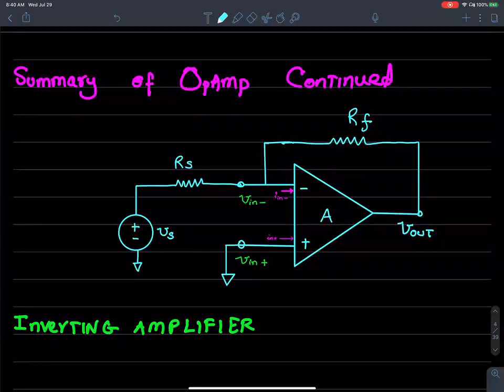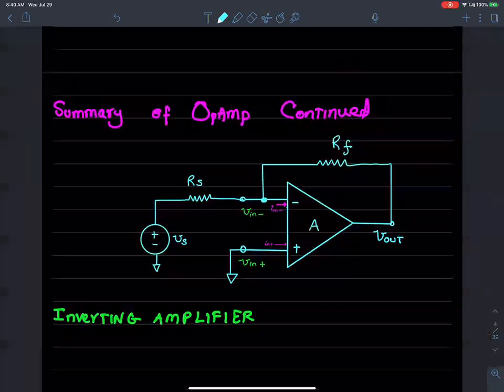I took the op-amp and tied it in a feedback configuration, meaning the output is tied back to the negative terminal of the op-amp through the feedback resistance RF. And I'm applying an input signal to the negative terminal.